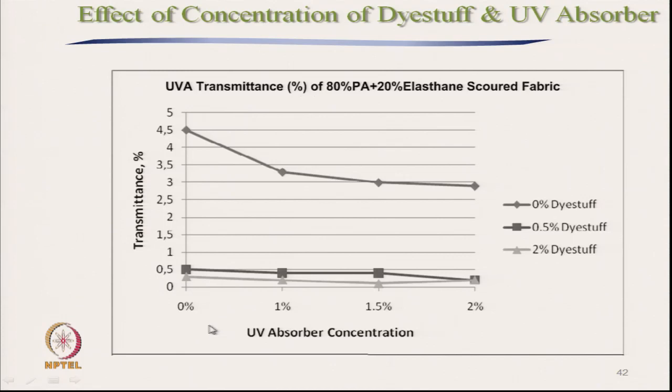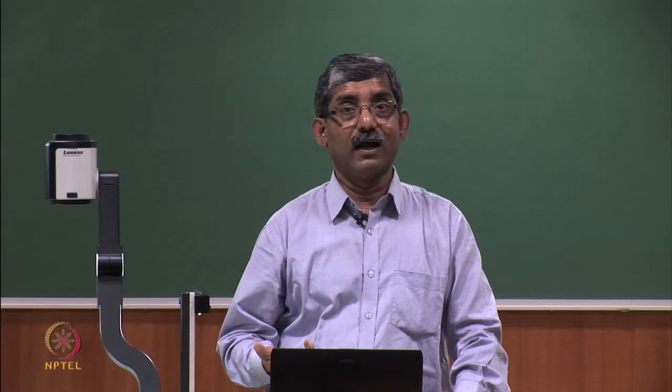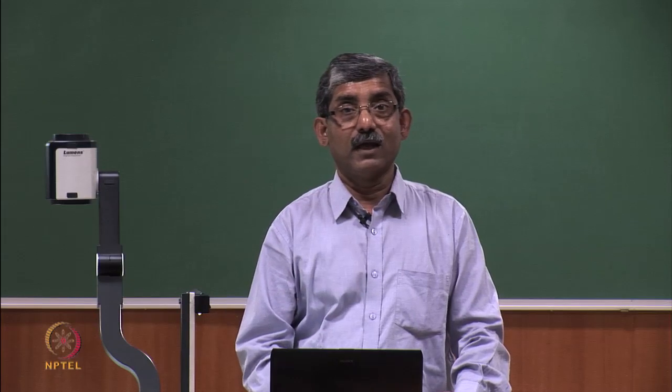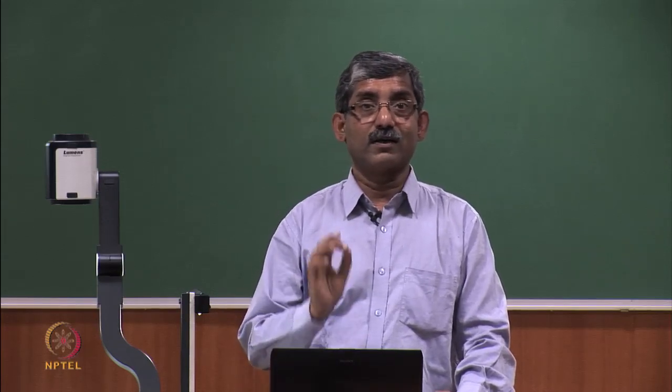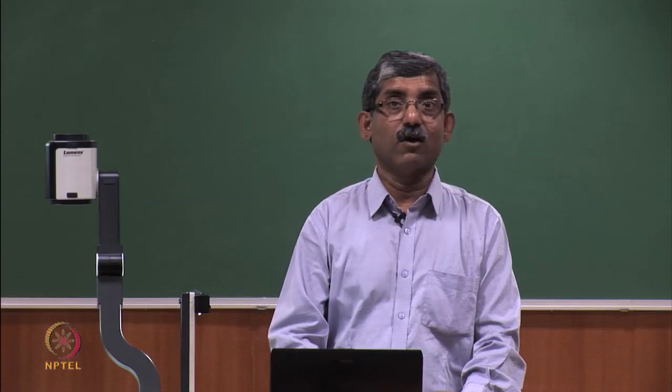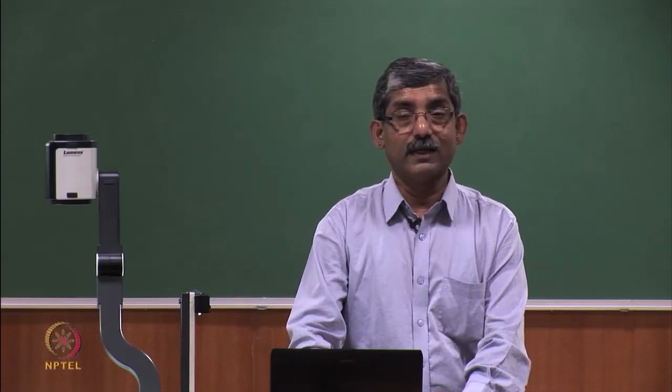But as we increase the UV absorber with 0% dye stuff, although it is very high, with the increase in concentration of UV absorber the transmittance reduces gradually. So, both the dye stuff and the UV absorber have an impact on the transmission percentage of UV radiation.